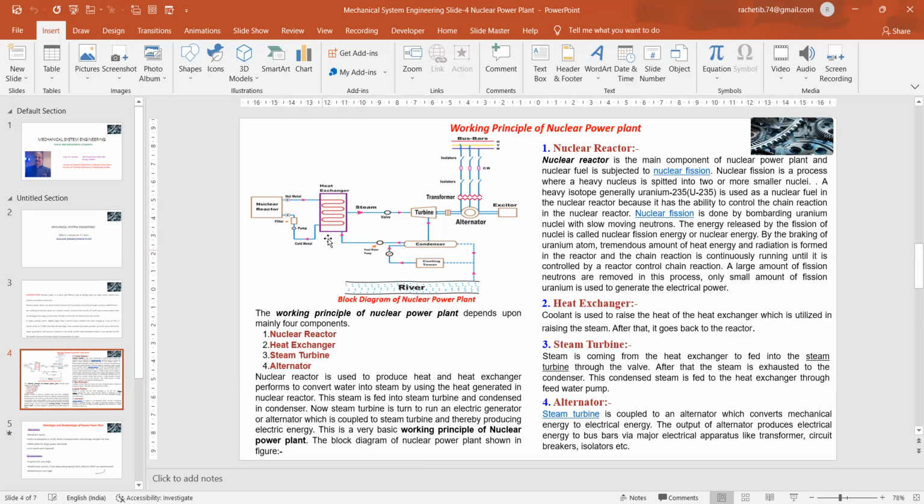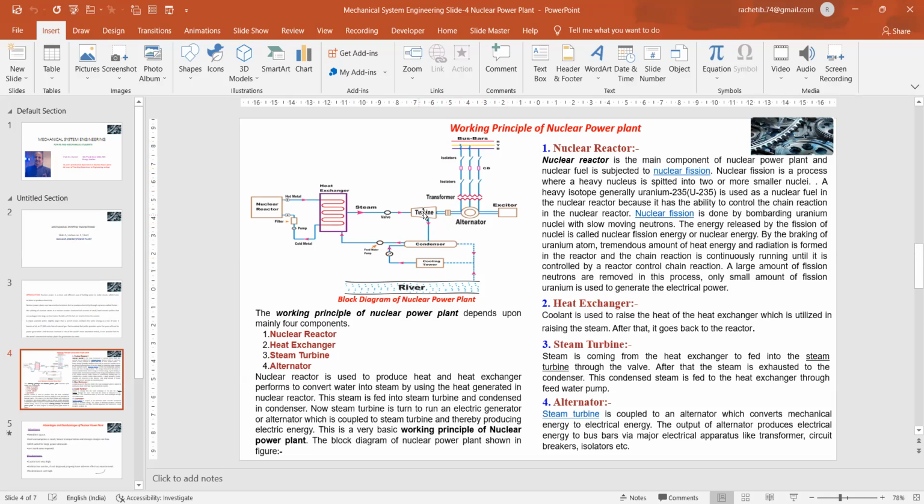In the secondary circuit, the water which converts into steam, superheated steam, is being taken to the turbine, where it converts this heat energy into mechanical energy by means of rotation, and this mechanical energy is further converted into electrical energy with the help of alternator, or it is also called a generator, which is connected to the bus bar or grid, and that electricity we use in real life.